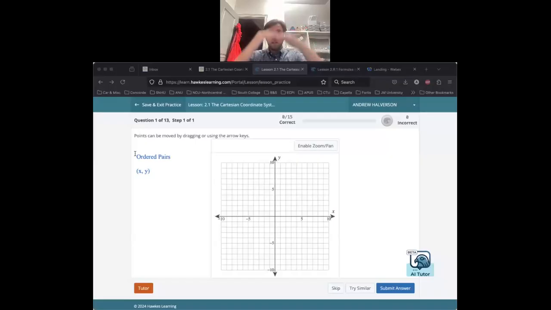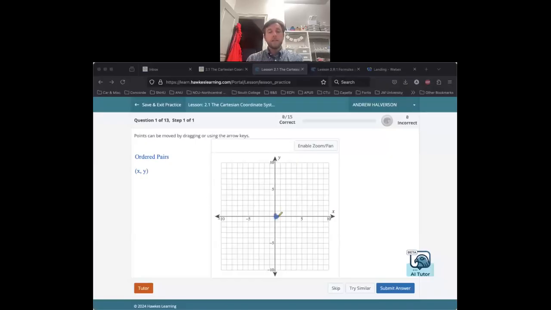We call it ordered because x always appears first in the ordered pair and y always appears second. The first number tells you your horizontal movement, and the second value of the coordinate tells you your vertical distance, where you're at vertically.